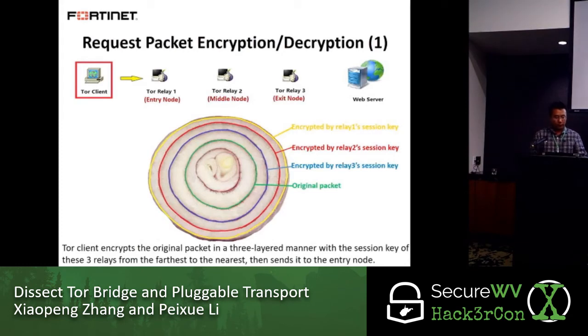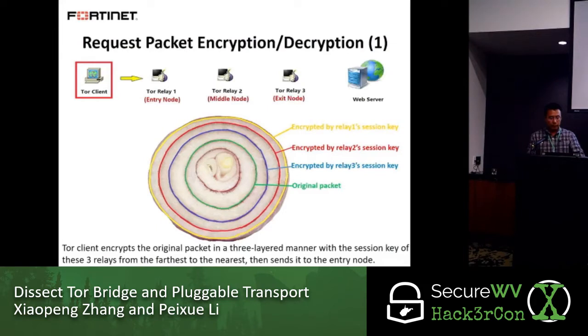Firstly, let's see how the packet is delivered from the Tor client to the destination web server. As mentioned, after the circuit is created, the Tor client negotiated the 3 session keys with 3 relays. So the Tor client will first encrypt the original packet, as indicated by the green circle.